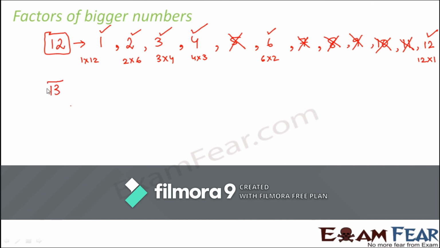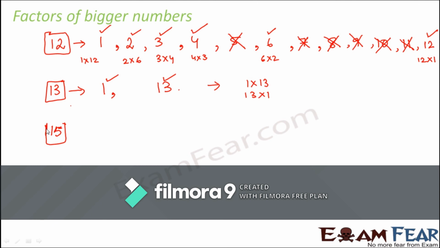Let's look at number 13. Now, if you do the same thing for 13, you would see that 1 and 13 are the only factors of 13. That's because the only possible ways of writing 13 is 1 into 13 or 13 into 1. So these are the only two factors. Let's talk about another number like 15.